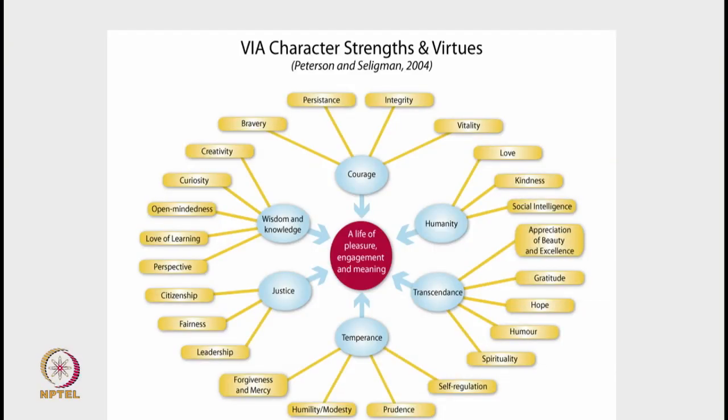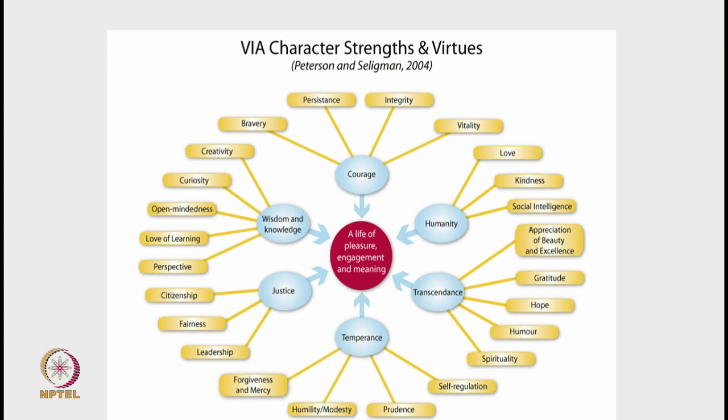However, you have already seen this model. So, just to know what it is and how it is working. If you just focus on this red circle, a life, pleasure, engagement and meaning. It is Professor Martin Seligman's initial model of well-being, and he has mentioned that these are 3 components of well-being: pleasure, engagement and meaning.